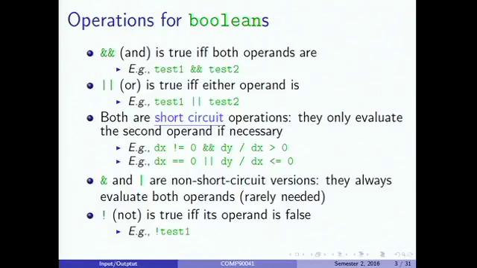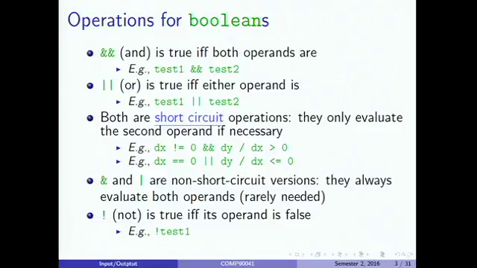So for example, you might say dx not equals 0 and dy over dx is greater than 0. So if dx is 0, then that test will fail, and then the whole conjunction will fail.